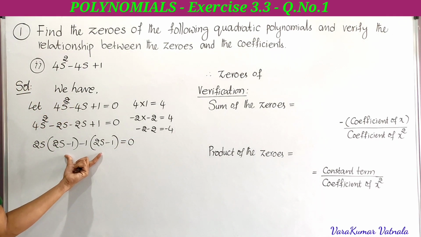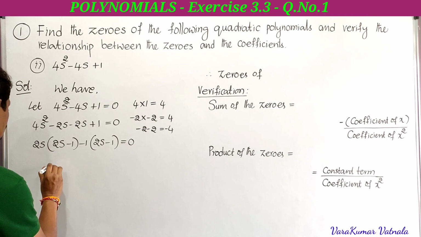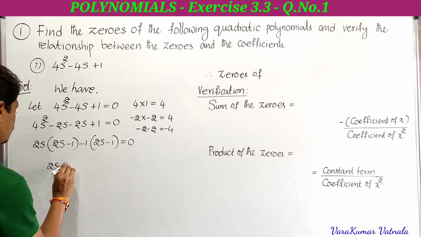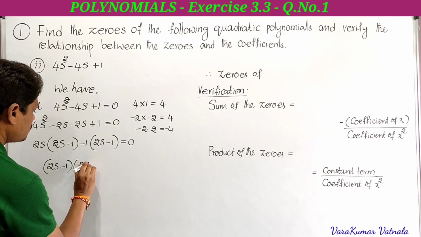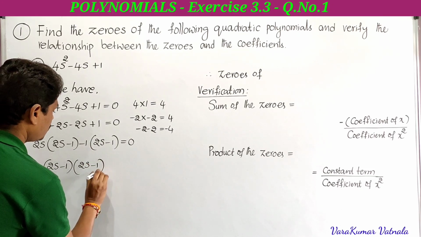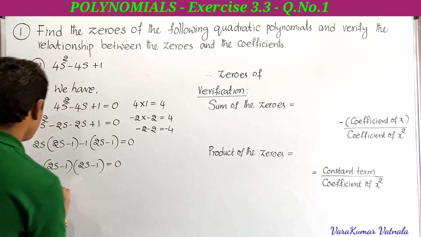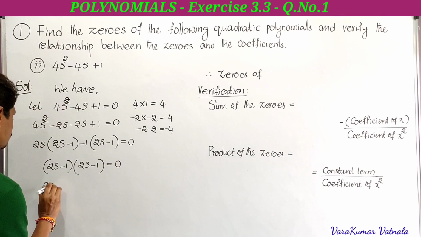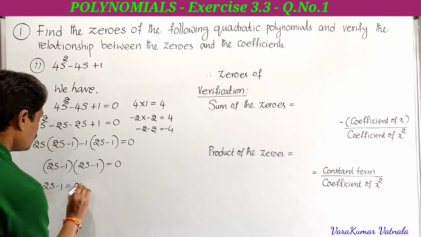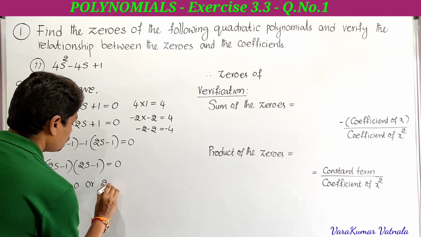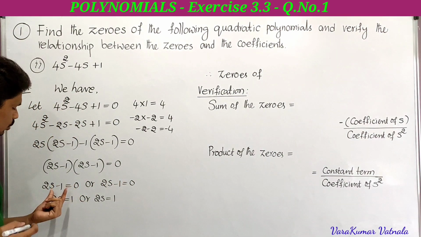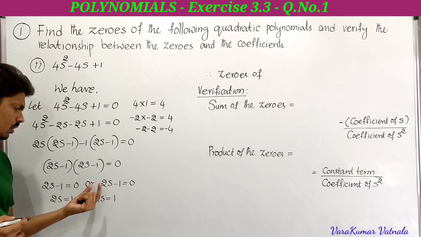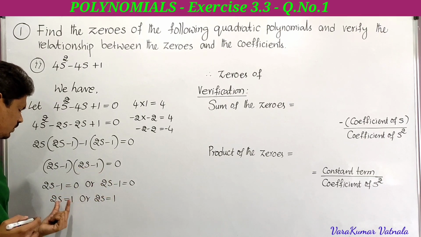So now 2s minus 1 is common. Again we have 2s, here also minus 1 is equal to 0. We can get 2s minus 1 equal to 0 or 2s minus 1 equal to 0.